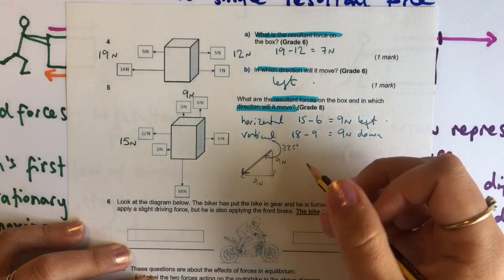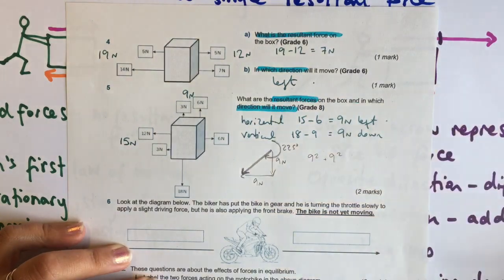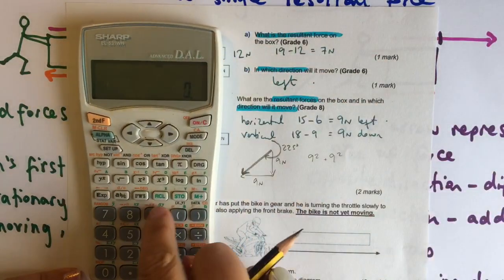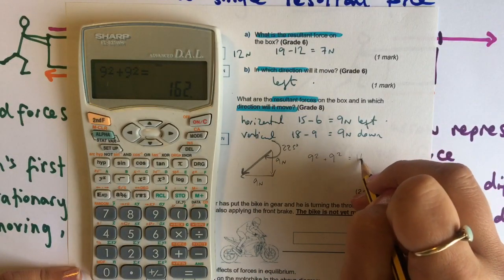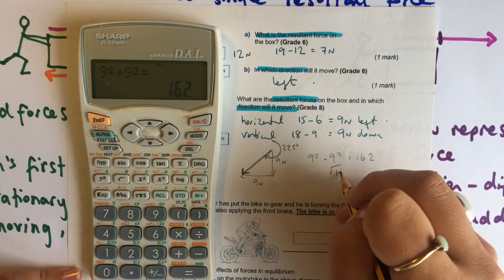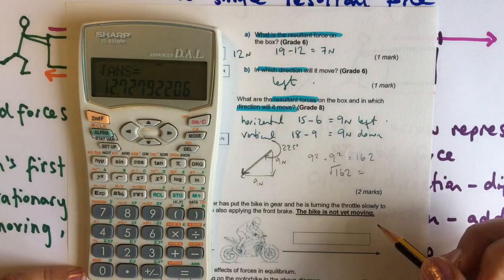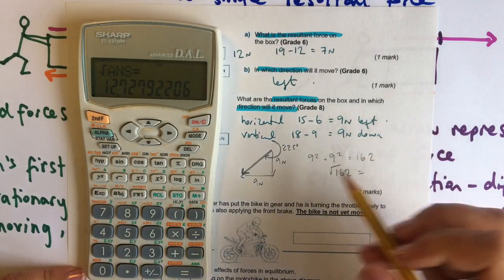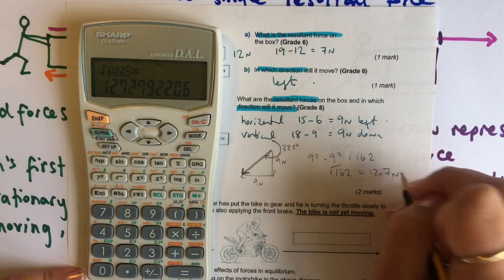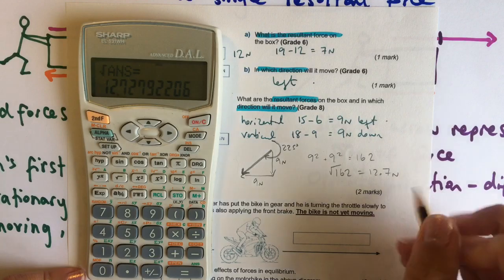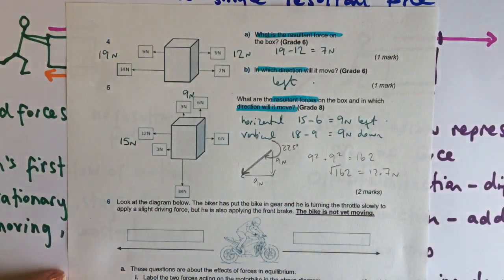So we can use Pythagoras again. 9 squared plus 9 squared is 162, and then we want to do the square root of 162, which gives 12.7279... Let's do it to 3 significant figures, 12.7. So 12.7 newtons at a bearing of 225 degrees.